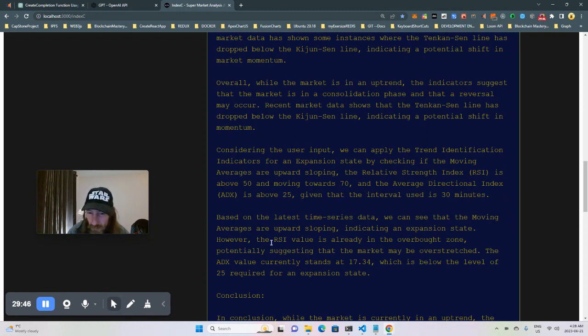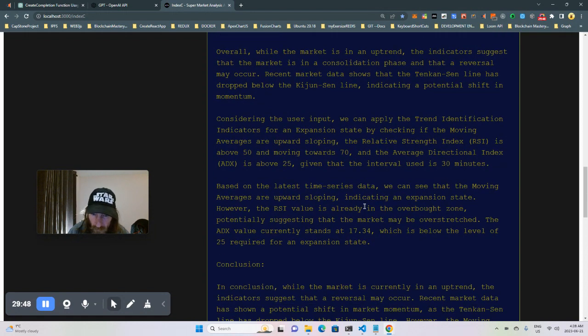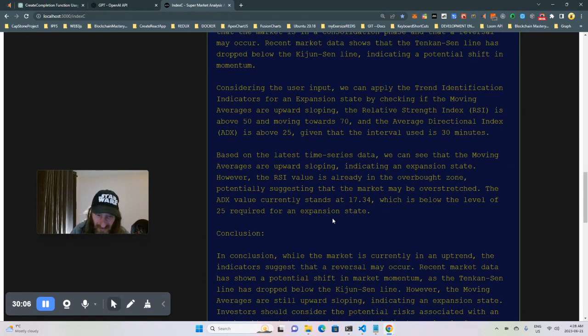Based on the latest time series data, we can see that the moving averages are upward sloping, indicating an expansion state. However, the RSI value is already in the overbought zone, potentially suggesting that the market may be overstretched. The ADX value currently stands at 17.34, which is below the level of 25 required for an expansion state.